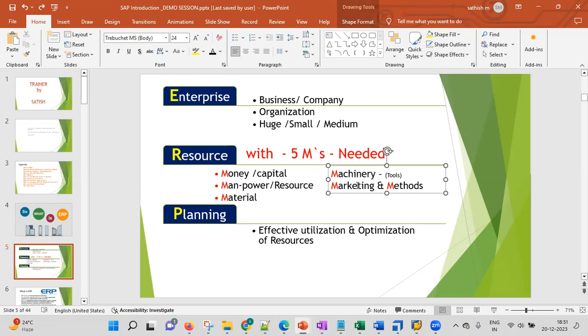Then the final ones are marketing and methods. When you have manufactured a bottle, what will you do with it? You have to sell it to the customer. How do you sell to customers? You have to visit shops directly. Like there are businesses that do pickles, Priya Pickles.